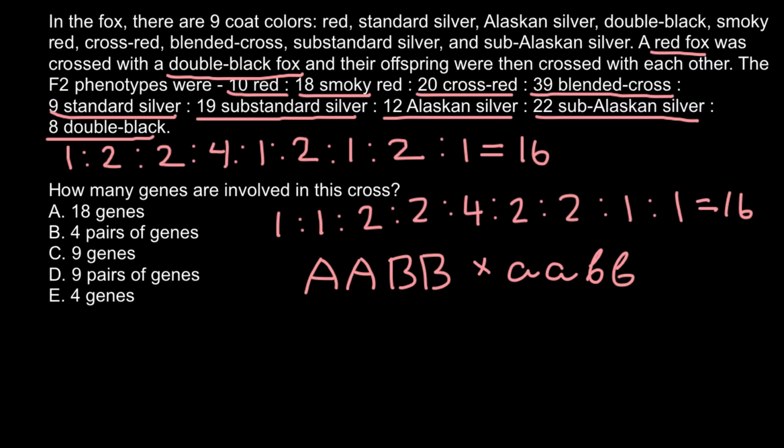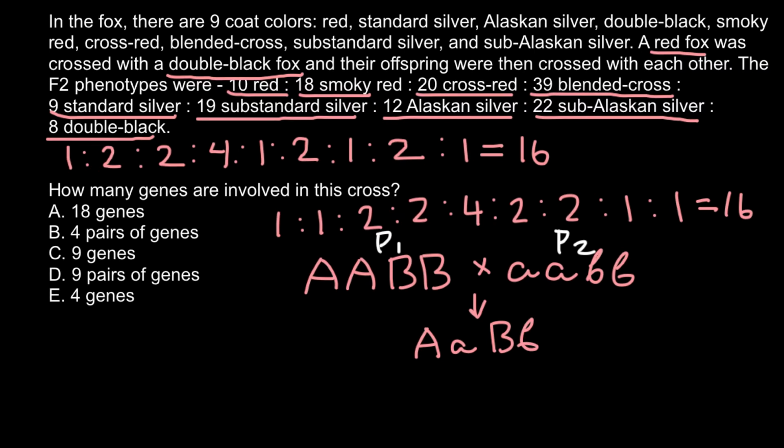This is the parental generation, so this is parent 1 and this is parent 2, and in the F1 generation we would have all the progeny of one phenotype and of course one genotype, capital A small a and capital B small b.